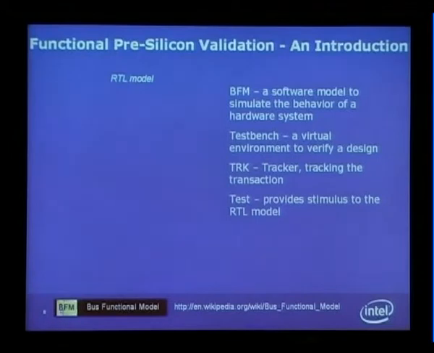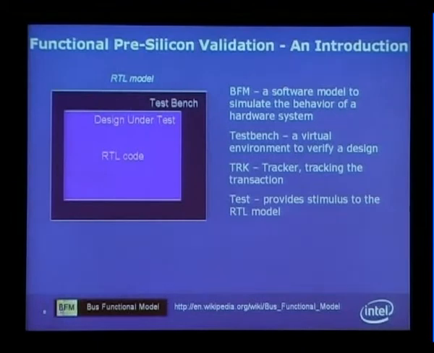So first of all, we look at functional validation. In the functional validation, we normally have an RTL model. In the RTL model, we have RTL code, which is a design under test. And normally, the RTL model comes together with a test bench.